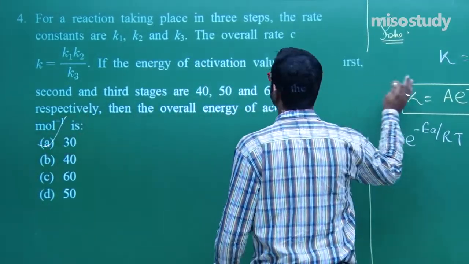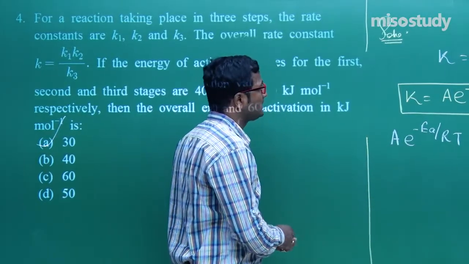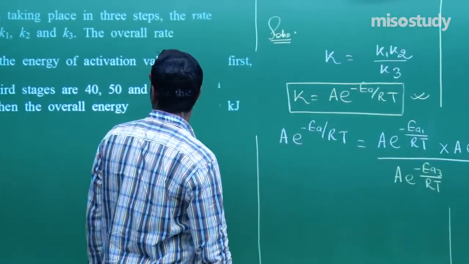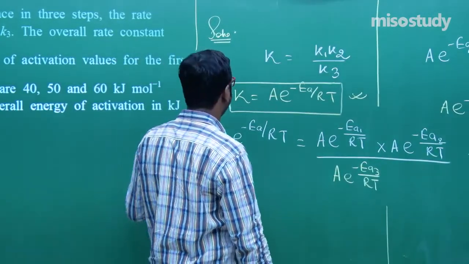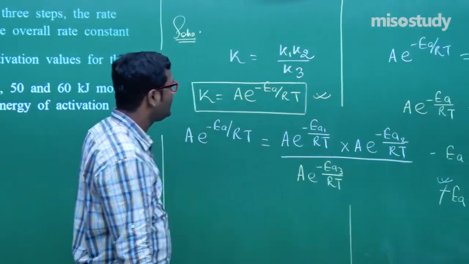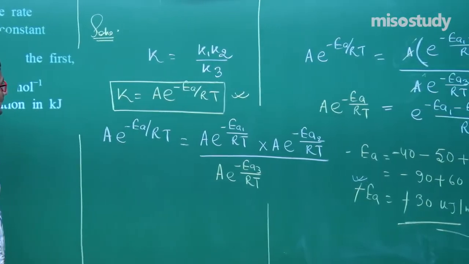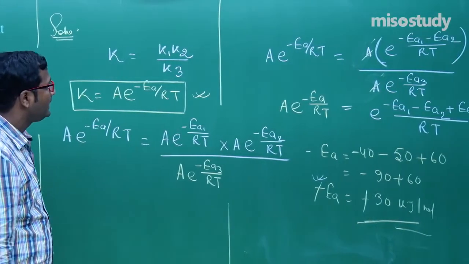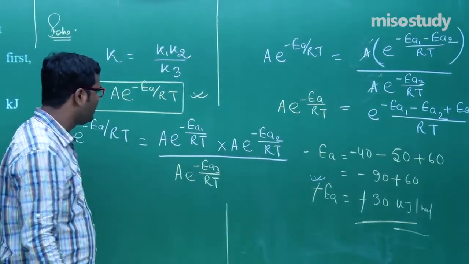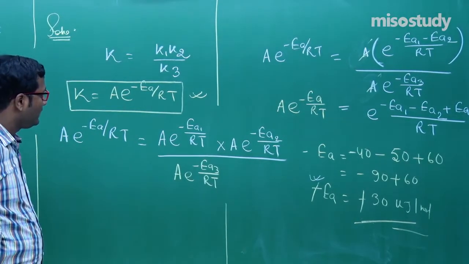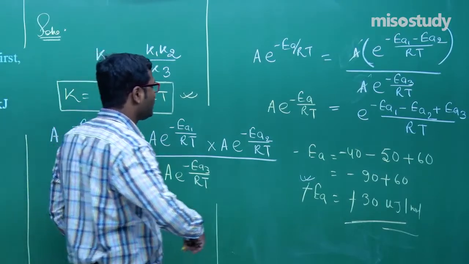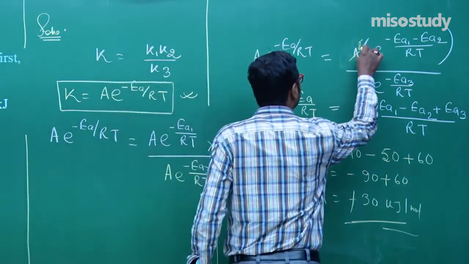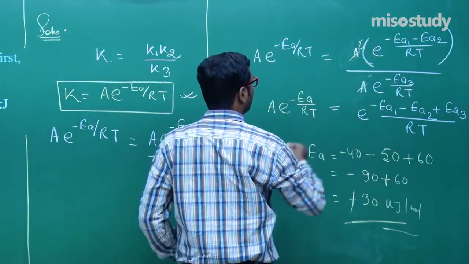Now check out the detailed solution again. K is equal to K1 K2 by K3, and K is Ae^(-Ea/RT), K1 is Ae^(-Ea1/RT) into Ae^(-Ea2/RT). Here it is multiplication, so one more thing, we have to put A squared.